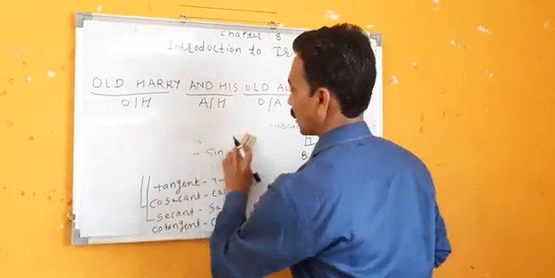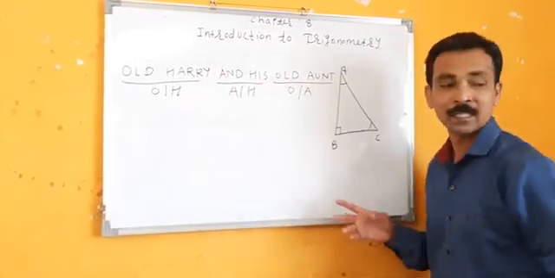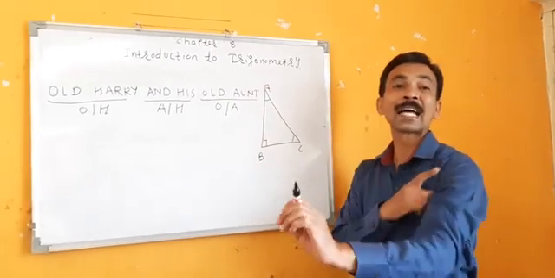Now I will write the ratios with the 2 acute angles as the reference angles.